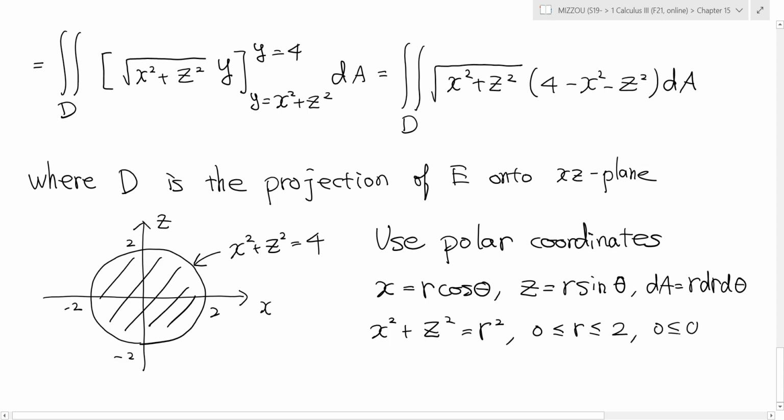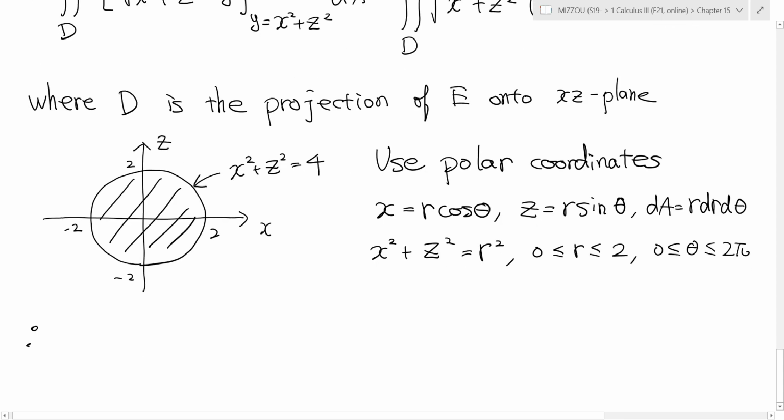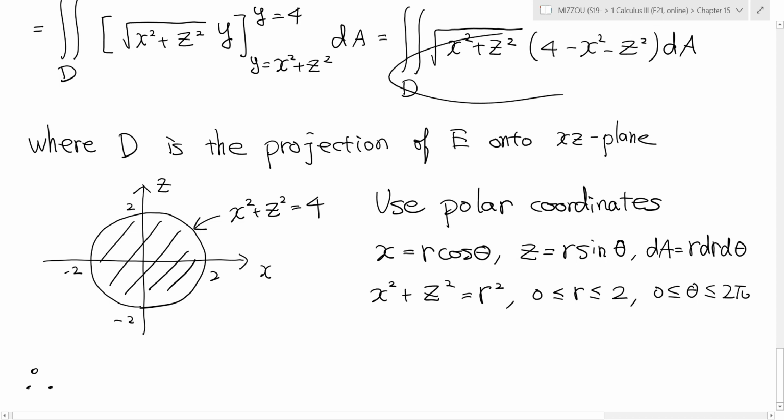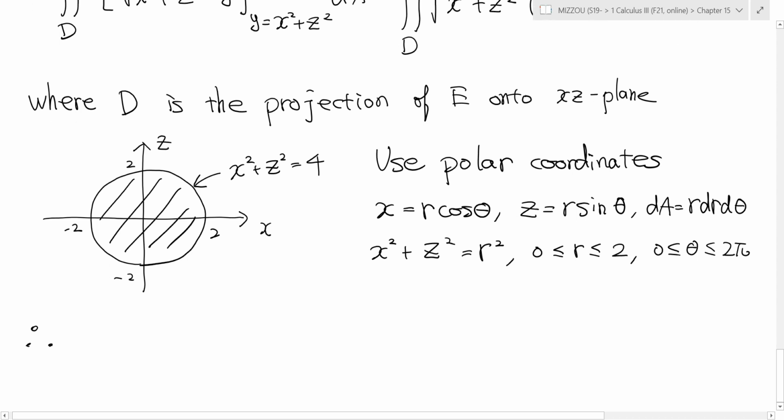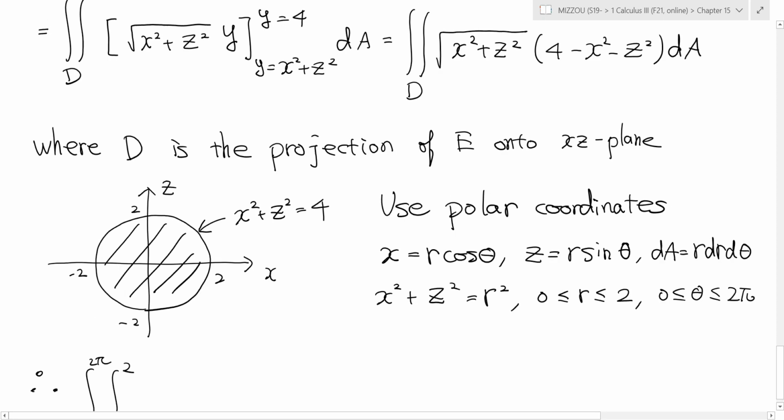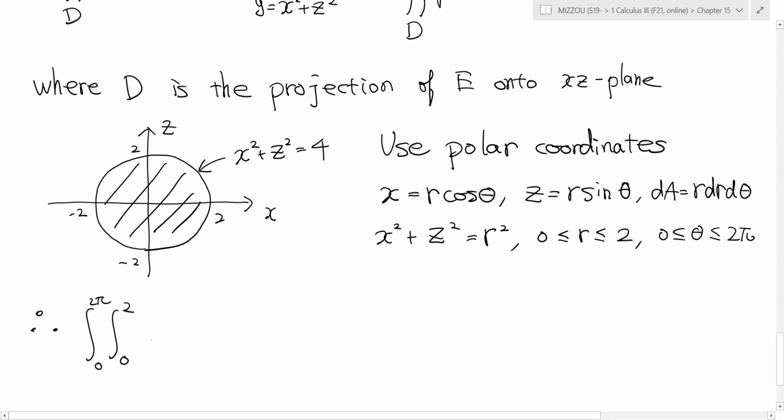And theta is from 0 to 2 pi. Okay, so therefore this double integral is written as the integral from 0 to 2 pi, and x squared plus z squared becomes r squared. So this is root r squared times 4 minus r squared times r dr d theta.